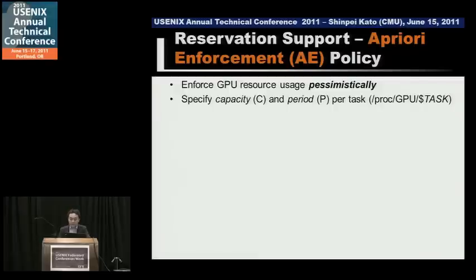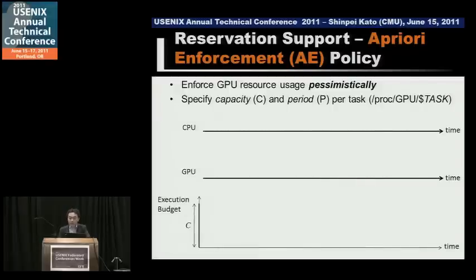More precisely, TimeGraph predicts the GPU execution time before the GPU command is submitted to the GPU. If the GPU context execution is verified not to cause the budget to be negative, then the task can use the GPU.